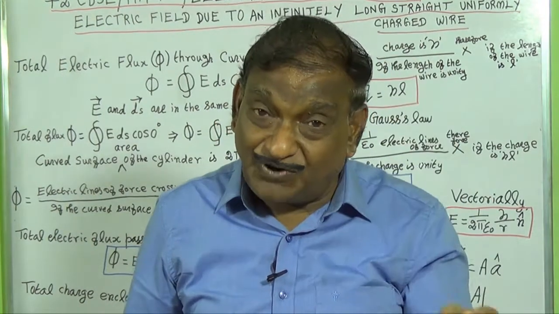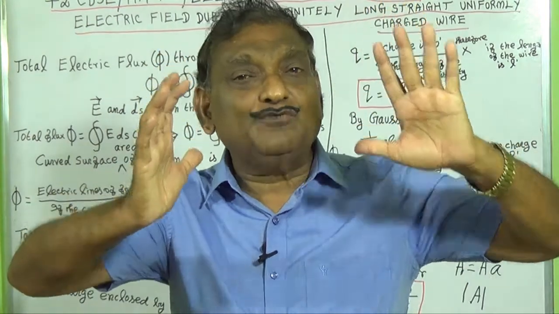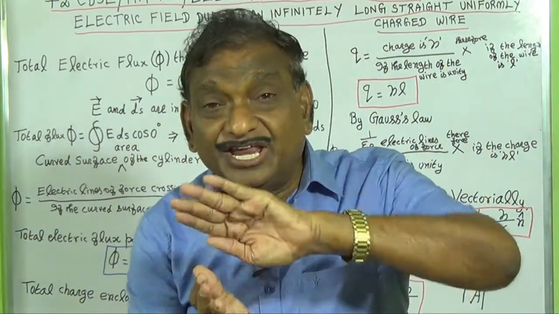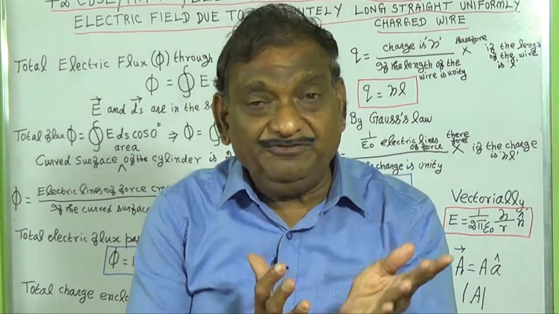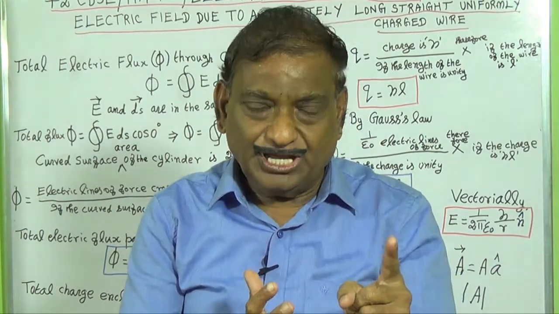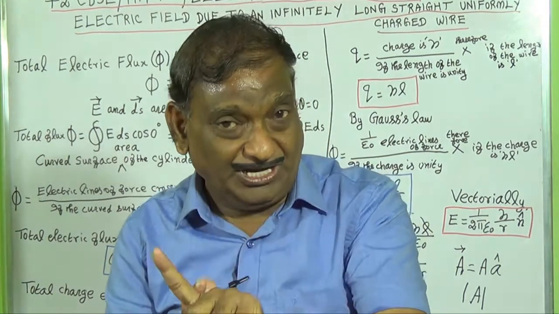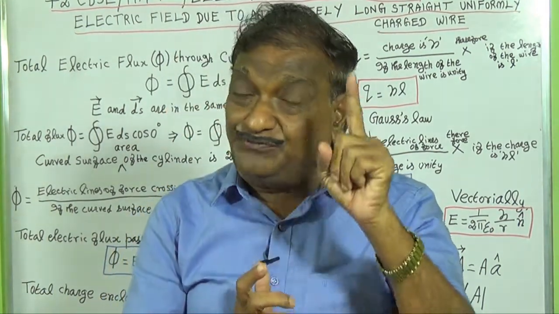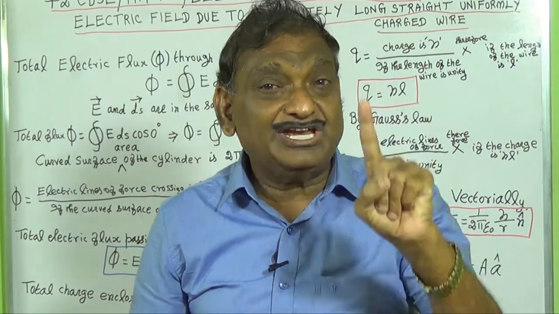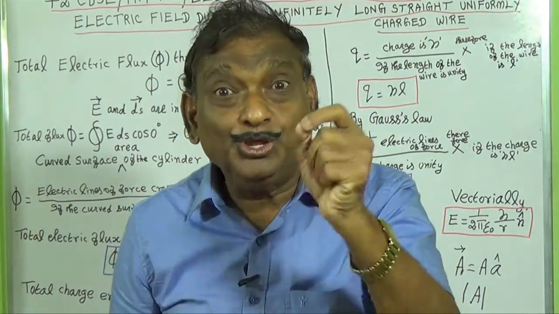Both the electric flux and the electric field are electric lines of force. But there is a difference between these two expressions. Electric field is the electric lines of force crossing per unit area.